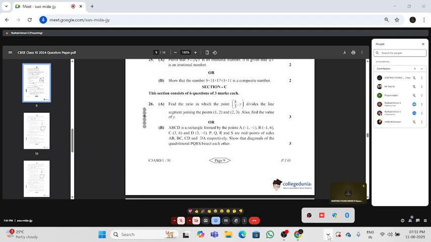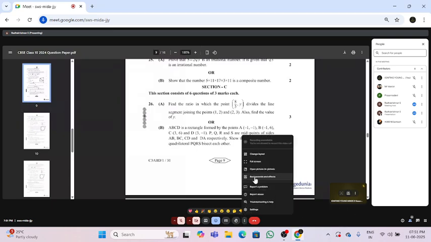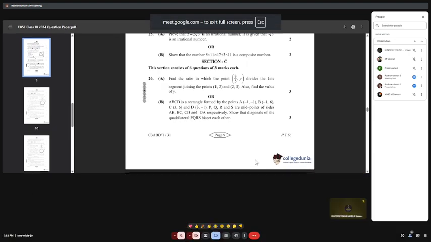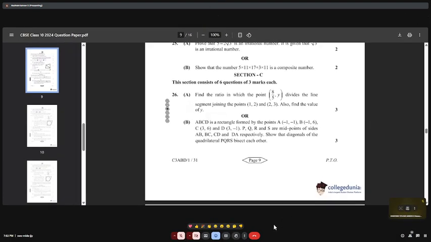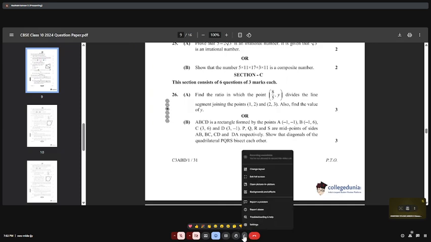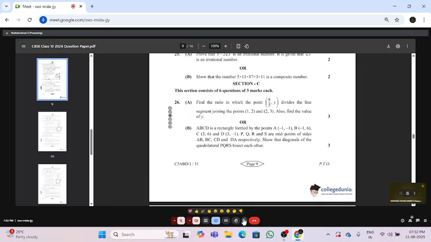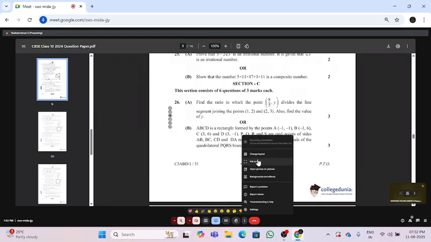So find the ratio in which this point C divides the line segment AB, the line segment joining the points. What is the ratio in which C divides AB? So who can do that?